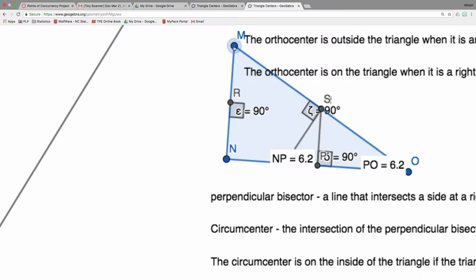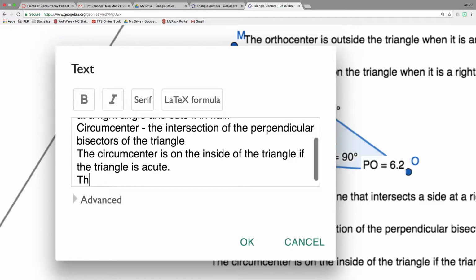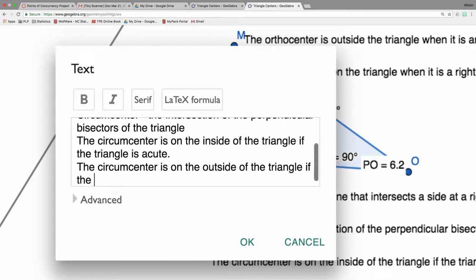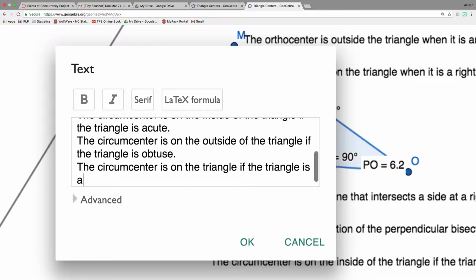The circumcenter is on the outside of the triangle if the triangle is obtuse. The circumcenter is on the triangle if the triangle is right.